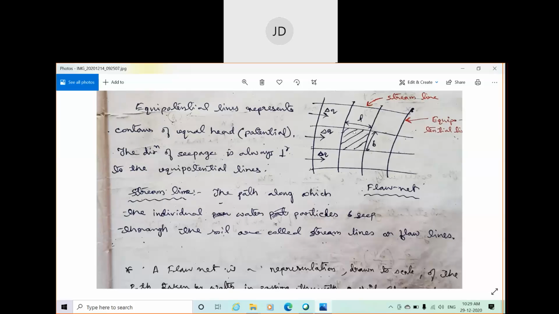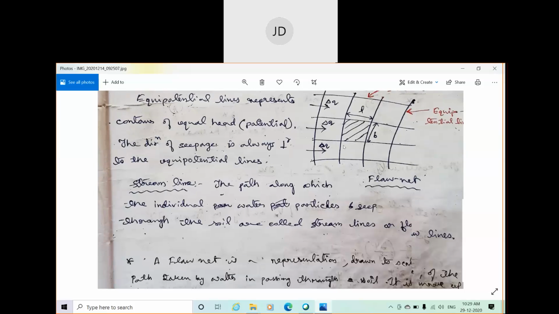If the length of this field is denoted by small l, and the width of this field is denoted by small b, then as per the property of flow net, we can consider this field approximately square. So we can say l is equal to b. Not exactly, but approximately equal. One more significance is that you can also draw a circle touching all the sides within a field.